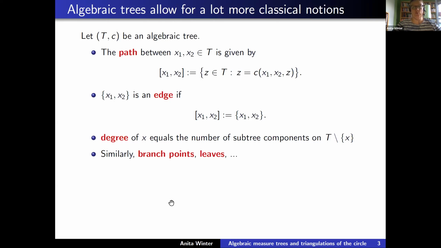You can call a 2-point set {x1, x2} an edge if the path connecting these 2 points consists only of these 2 endpoints. The degree of x equals the number of subtree components of T once you have taken away the point x. And similarly, you can also define branch points or leaves or whatever you need for your construction.